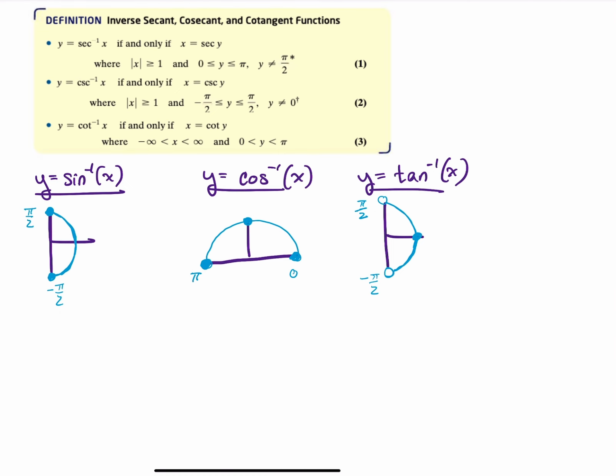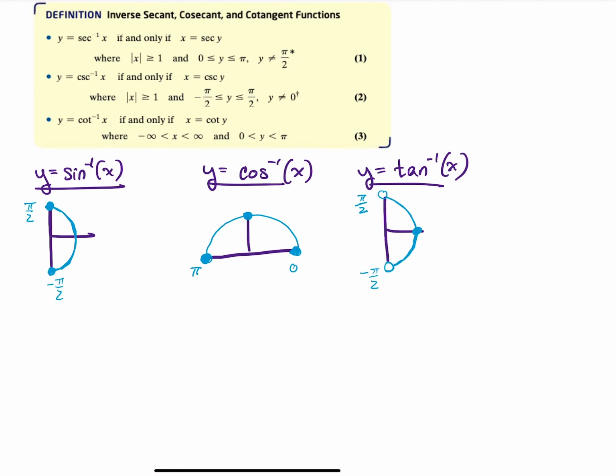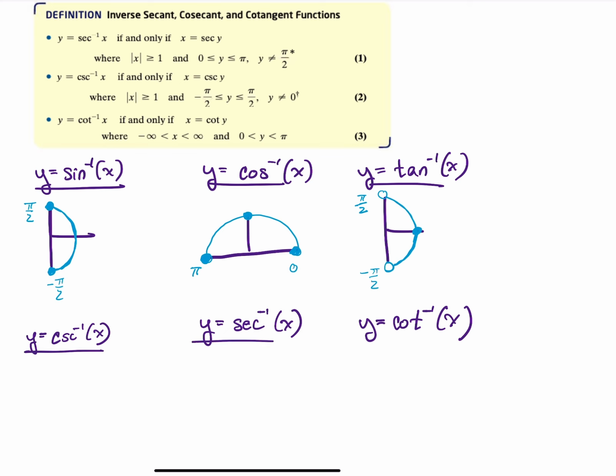So let's consider the inverse cosecant, secant, and cotangent. So the cosecant, that is the reciprocal of the sine function. So they share some similar properties, and they're restricted.